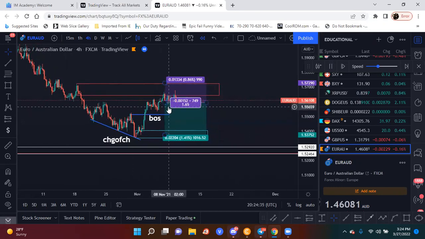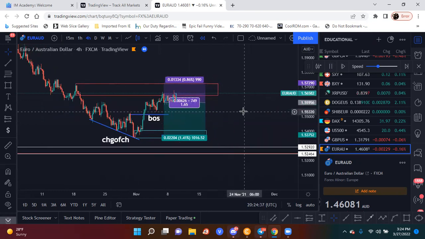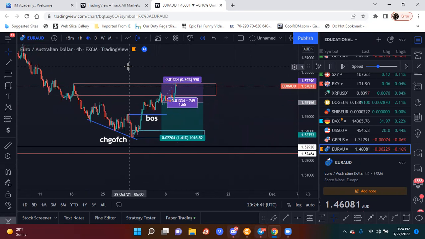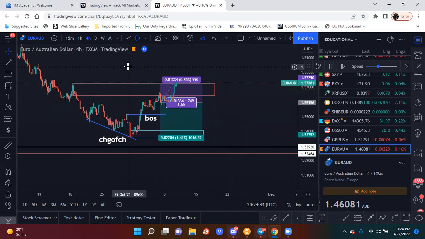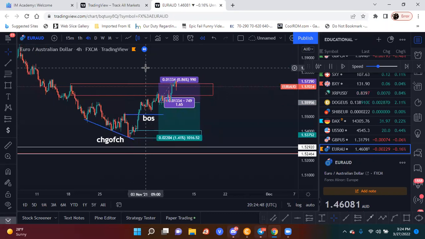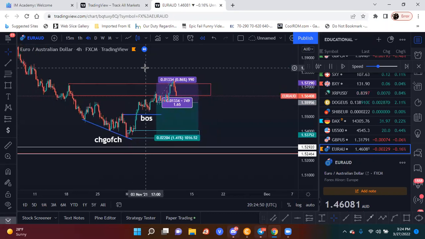That would have been better to get in right there. All right, so we almost got stopped out. I think we're stopped out. No, not yet. Still in the game.